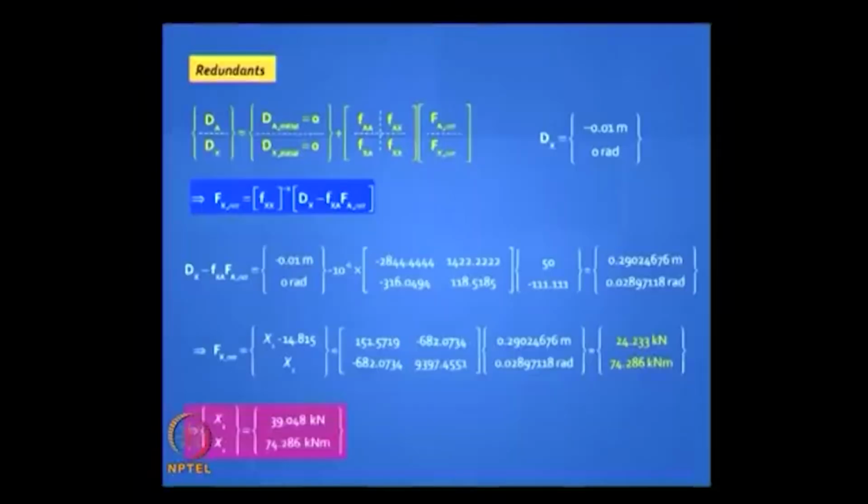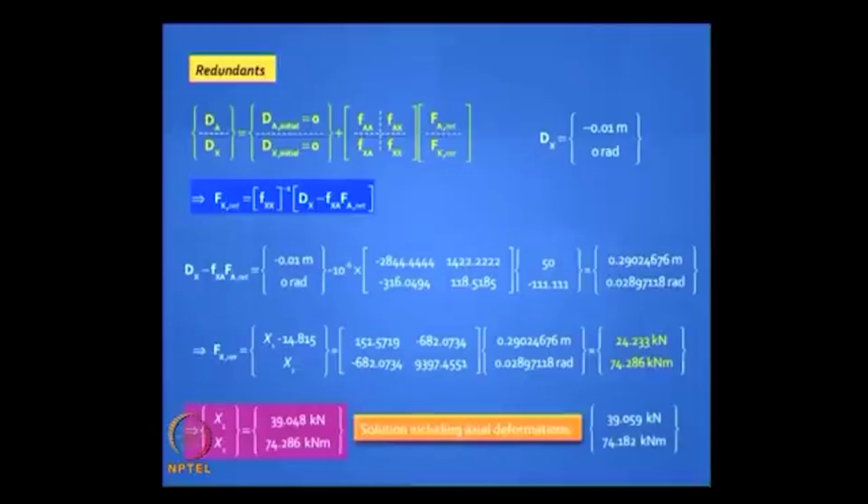Find the inverse of your Fxx matrix, find your redundants, plug in those values, you get your solutions as 39.048 and 74.286. Now, what did you get earlier? 39.059 and 74.182, big deal.